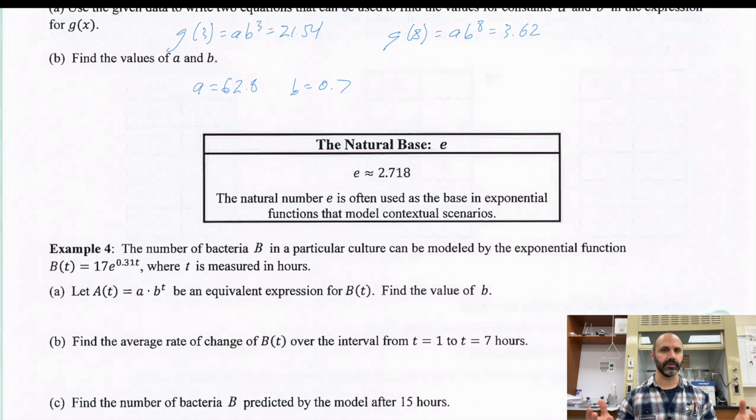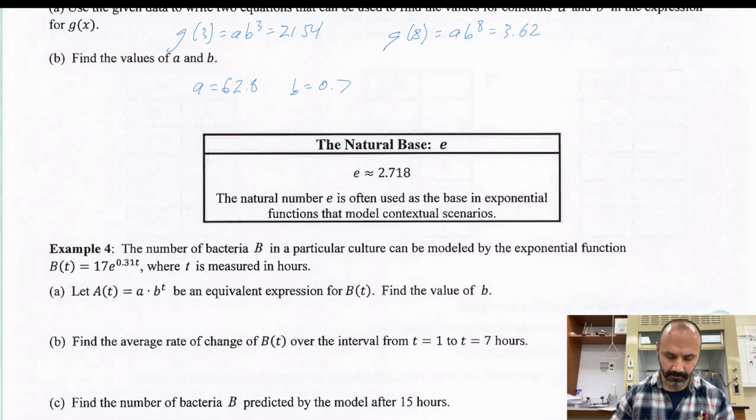It's one of these interesting numbers that just keeps popping up in places that seem to be totally unconnected. That's part of the beauty of math and how it integrates into physics and other things, right? It's amazing that we can use math to describe the natural world. It doesn't have to be that way, but it is.